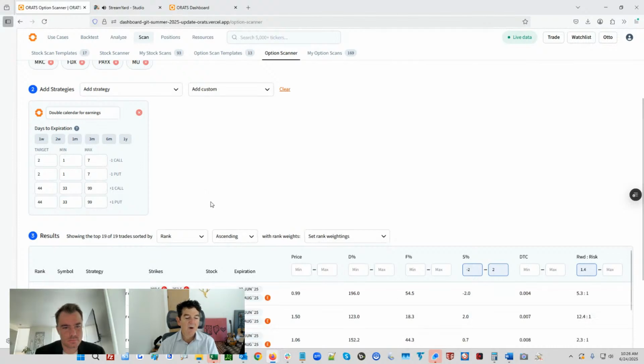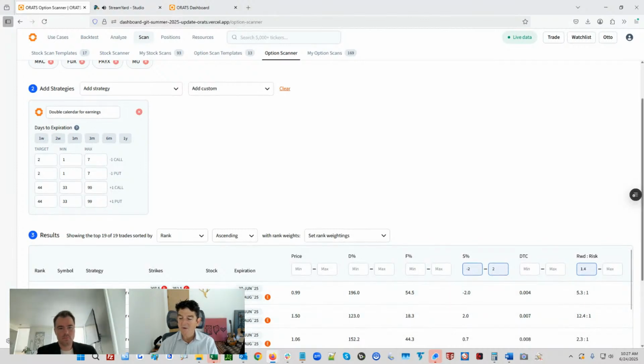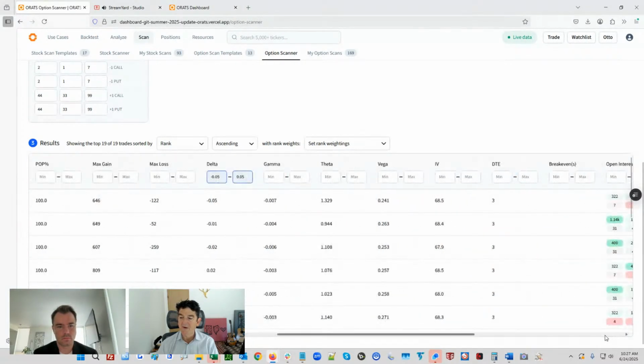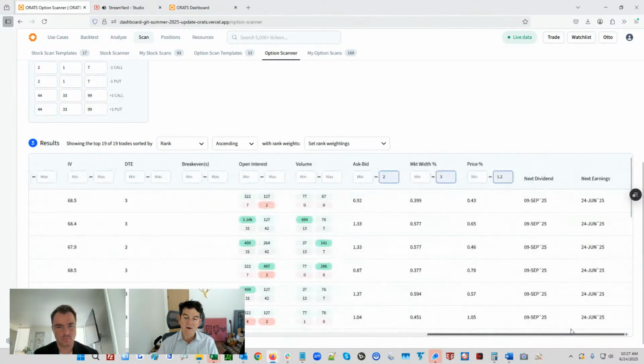If it's not tradable, why isn't it tradable? Then you can set these parameters. You could say, this is way off the smooth value, so I have my smooth market values plus or minus 2%, so it's always near the market. And then I have things like a reward to risk; I don't want too much risk involved in this trade. I don't want the delta to be too far. This is the double calendar, so I don't want the delta leaning one way or the other.